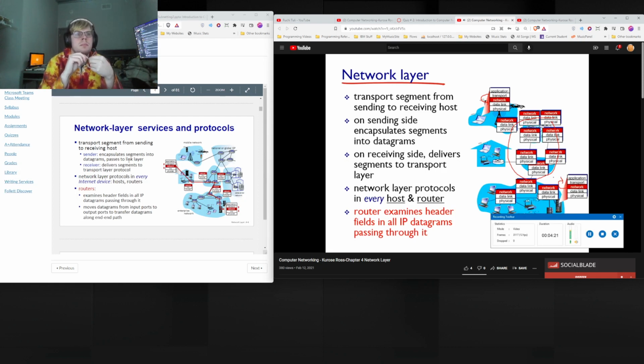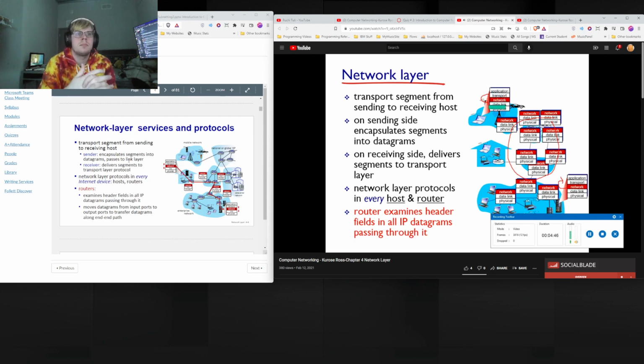Now what does the router do in the network layer? The router examines the header fields in all the IP datagrams that pass through it. By examining the header, it decides which output port a particular datagram should be directed to so that it can reach its destination.